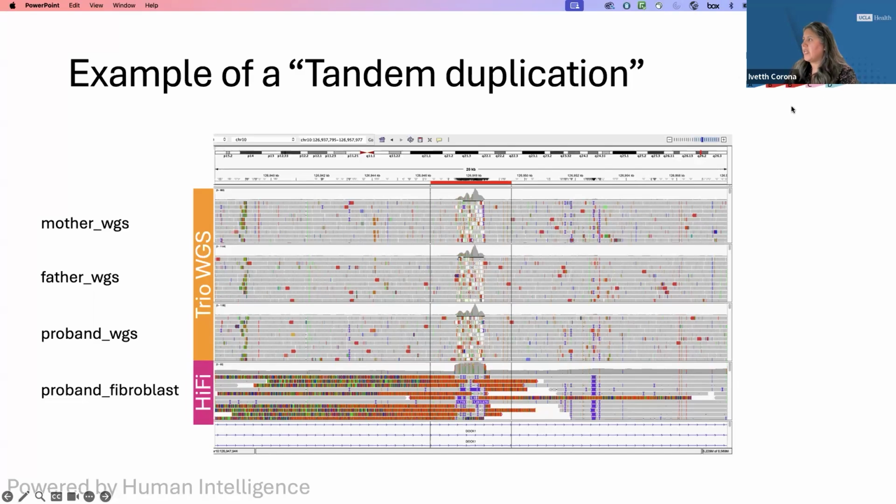But SV Topo gives you a representation of the topology of what is happening. From just looking at IGV, I cannot tell you what is actually happening. I have the call from the PBSV, which is the equivalent of Manta, and it might be telling me that it's a duplication, but in IGV by itself, I cannot tell you if it's a tandem duplication. So SV Topo was very useful for helping us really understand what was happening in the region. Yeah. That's wonderful. Thank you.